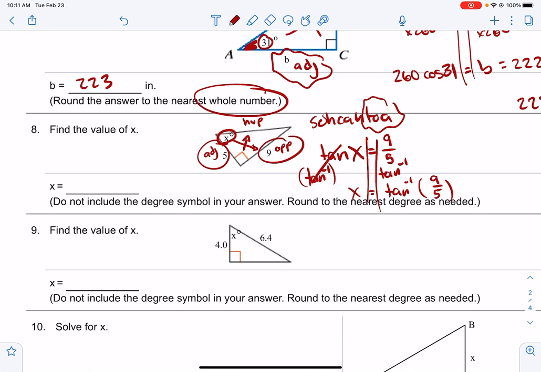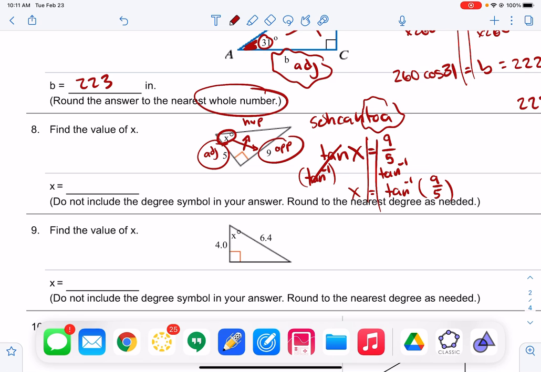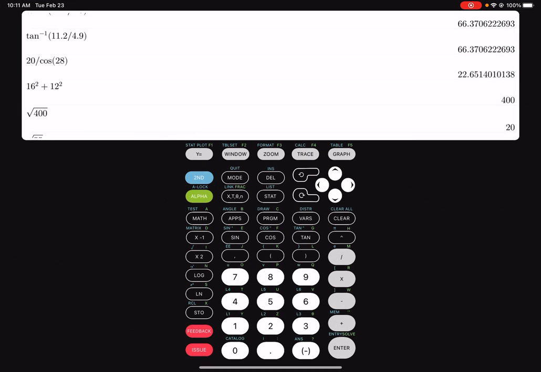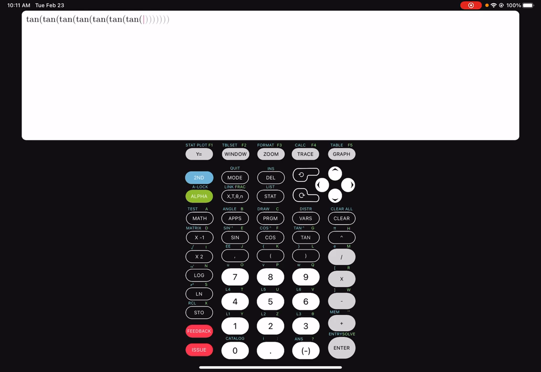So what's going to happen on my calculator is I want to plug that in because it's asking me to find X, and it wants me to round to the nearest degree. On my calculator, instead of hitting the tangent button, I'm using inverse tangent, which is right above tangent in blue. So I hit second tangent, and I need to put 9 over 5.